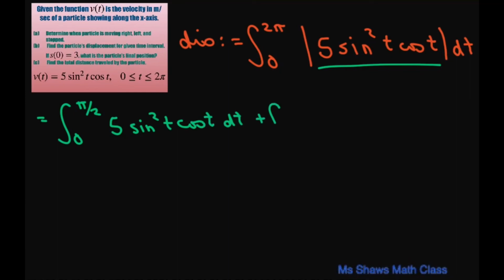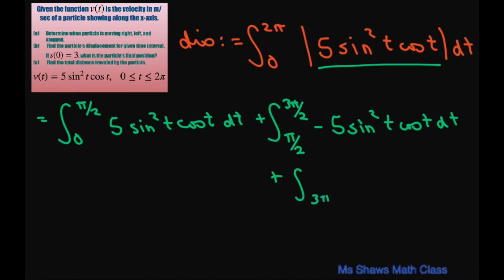And then it's negative in quadrants 2 and 3, so we can just look at pi divided by 2 to 3 pi divided by 2, and we're going to write negative. And then we go back to positive, and that's going to be from 3 pi divided by 2 to 2 pi.